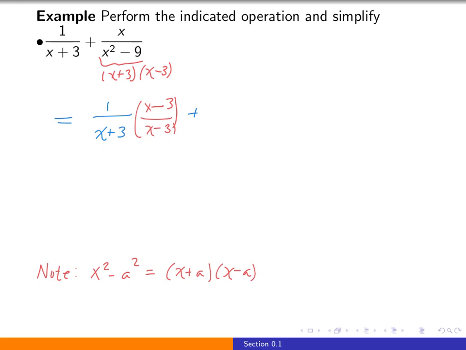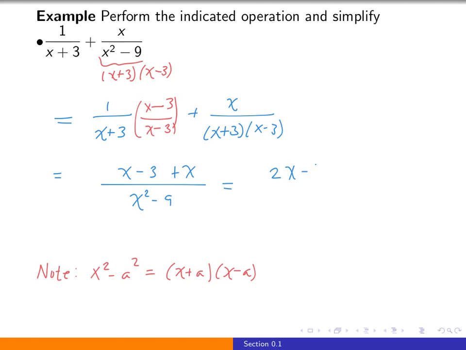And then we are adding on x over x plus 3 times x minus 3. So we have the common denominator we are looking for. x plus 3 times x minus 3, that's x squared minus 9. In the top we have x minus 3 in the first term plus x in the second term. And this simplifies nicely as 2x minus 3 all divided by x squared minus 9.